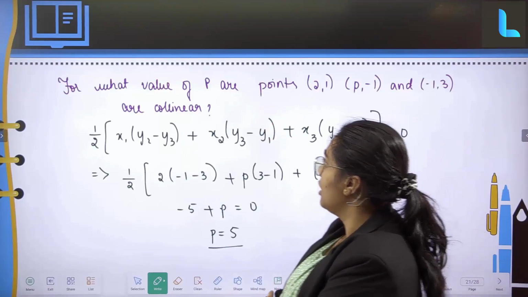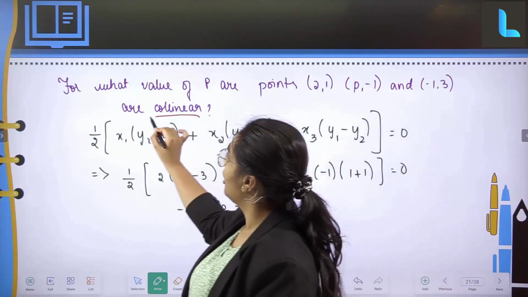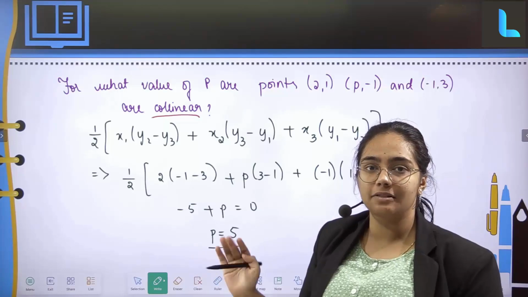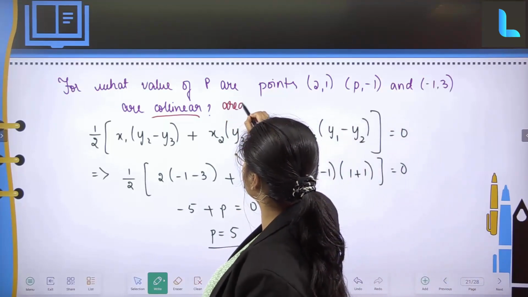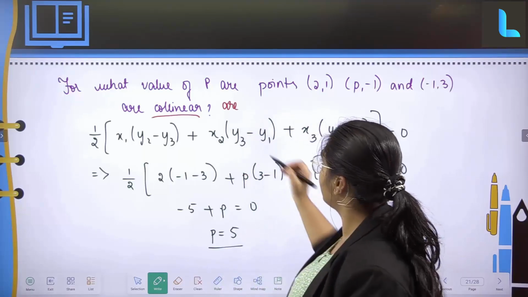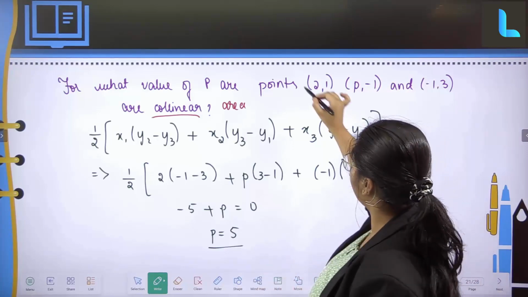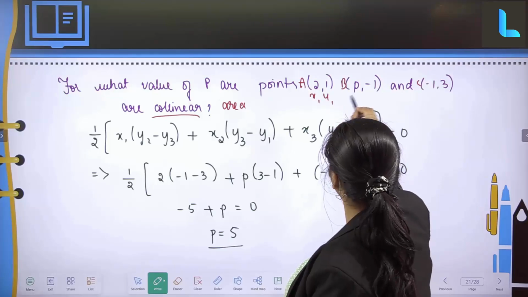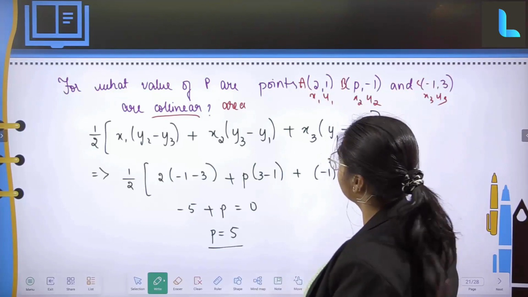Here, next question. For what value of p are the given points collinear? Over here, if you observe the previous question, they had not specified if it is area. Here they have specified area. So using the area of a triangle formula is what you have to go ahead and solve with. Consider points A, B and C, x1, y1, x2, y2, x3 and y3.